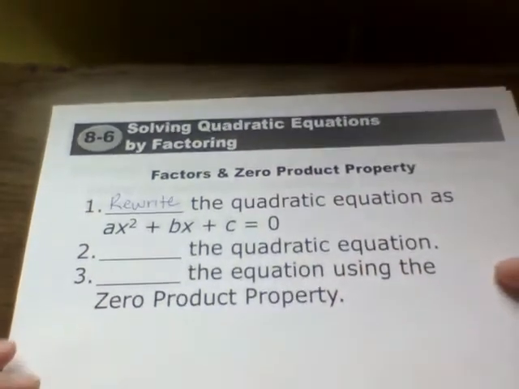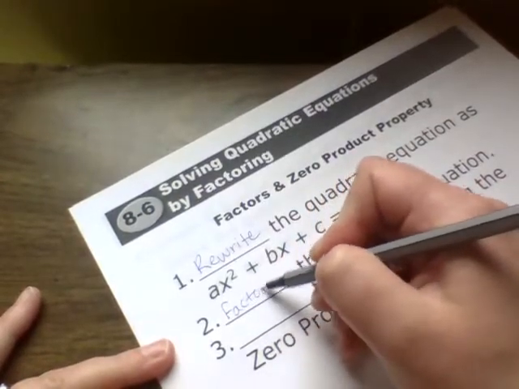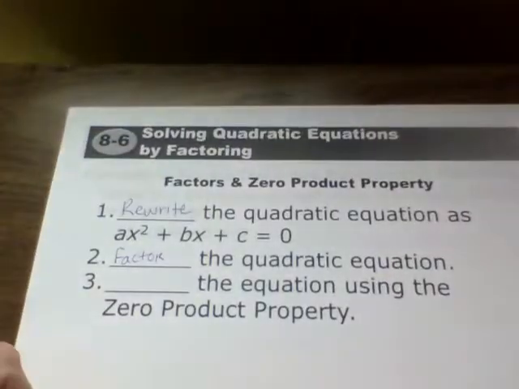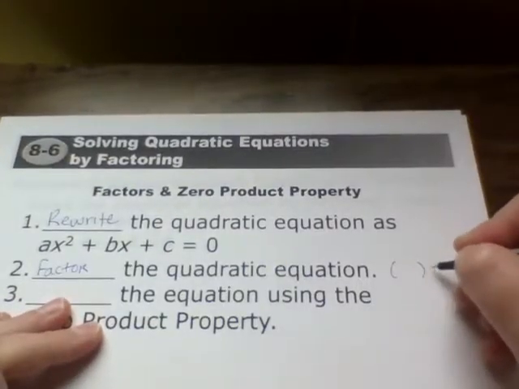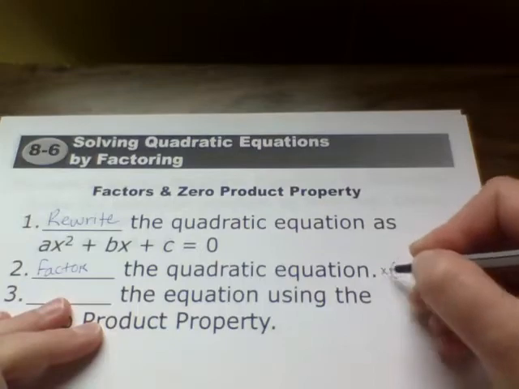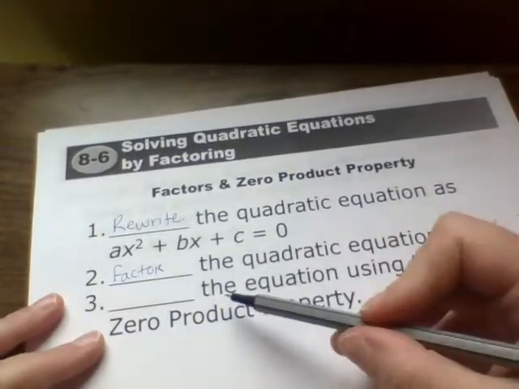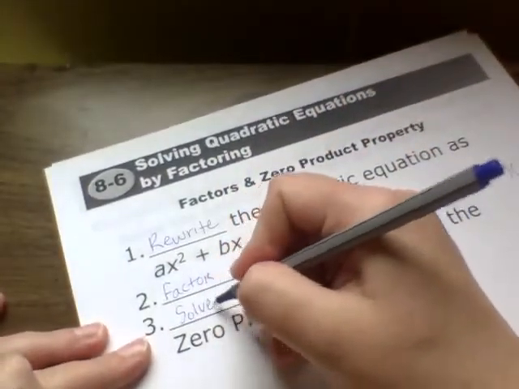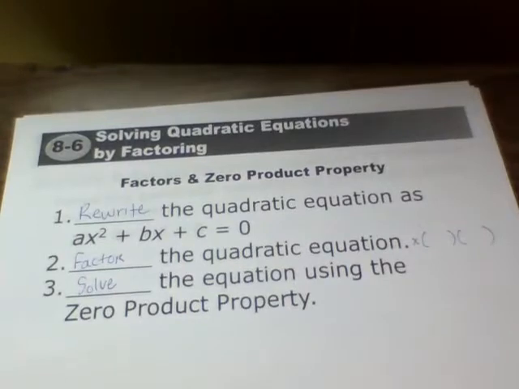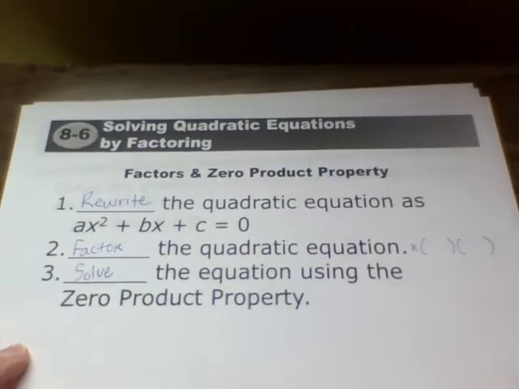Once you rewrite it, we're then going to factor the quadratic equation. We'll write it in those parentheses formats, or if there happens to be a GCF out front, factor that out. And then the last piece is we are going to solve the equation by using the zero product property, or that idea of opposites of what's inside of the parentheses.